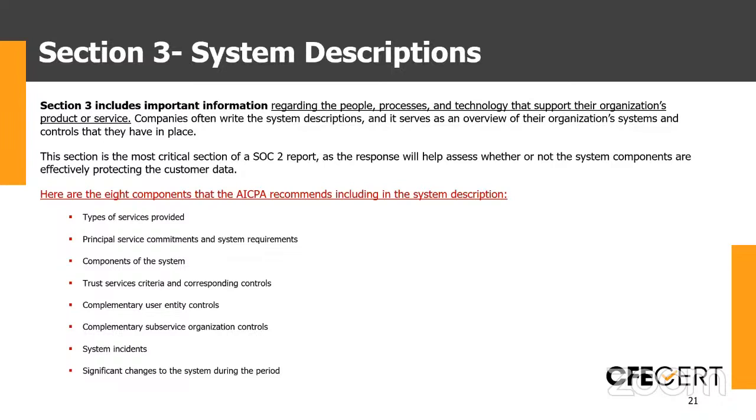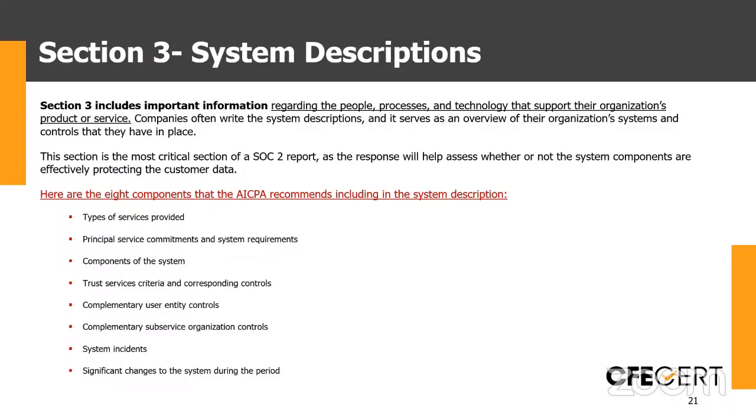So if I'm providing software as a service to some user organization and something breaks down, I have an incident management or grievance redressal control in place, that any complaint that comes to me will be resolved within 24 hours or so. But for that, it's the user organization's responsibility to inform me about that incident. So that becomes a complementary user entity control.